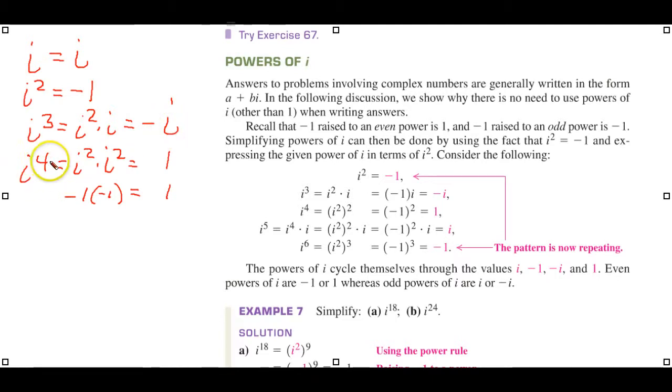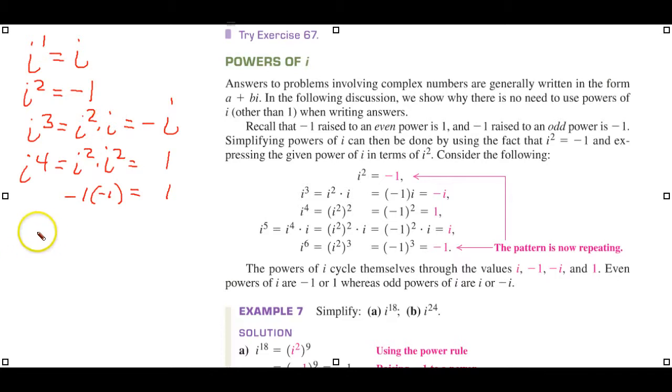And i to the fourth is i squared, which is a -1, times i squared, which is a -1. -1 times -1 equals a +1.